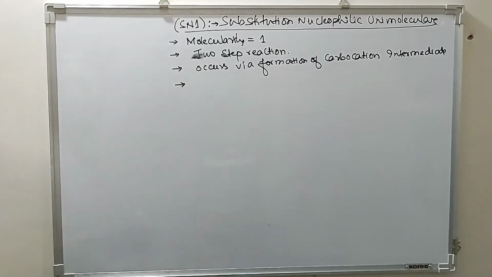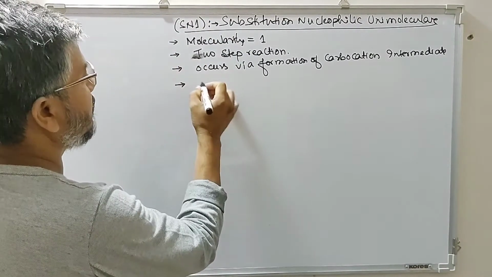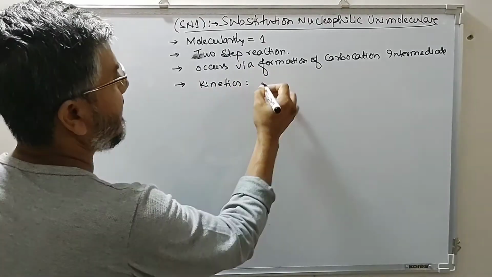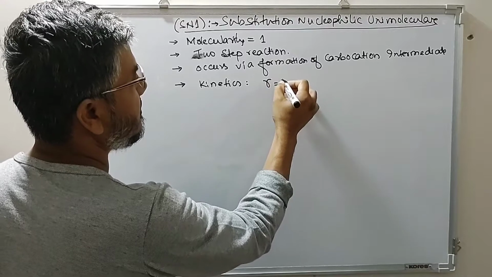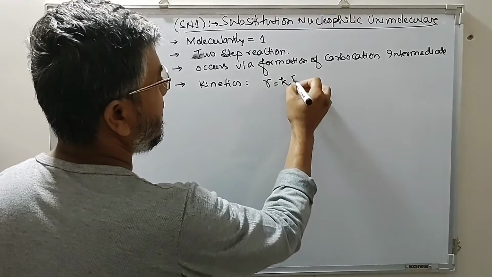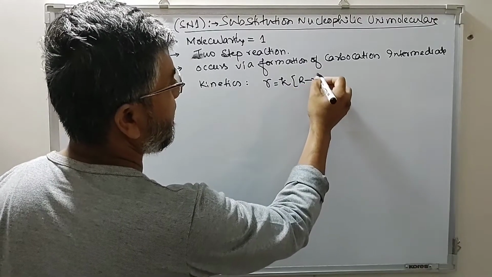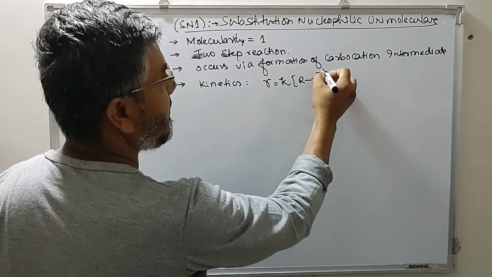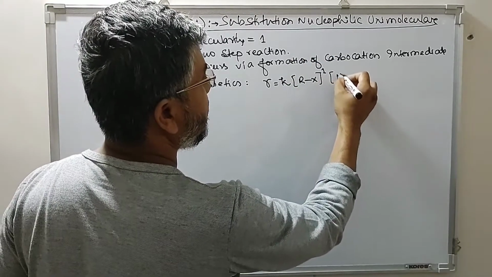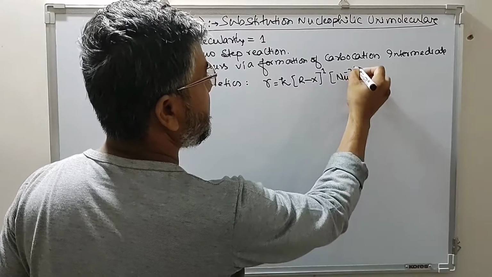When we look at the kinetics of SN1, kinetics says rate of reaction is equal to some constant K, known as rate constant, into the concentration of alkyl halide. With respect to alkyl halide, order is 1, and with respect to nucleophile, the order is 0.